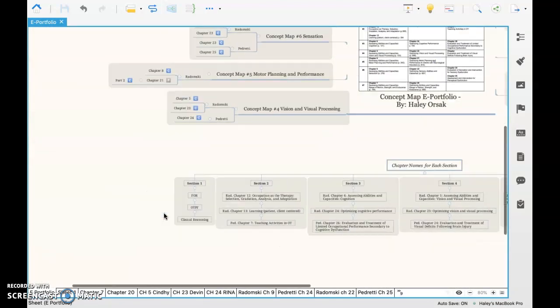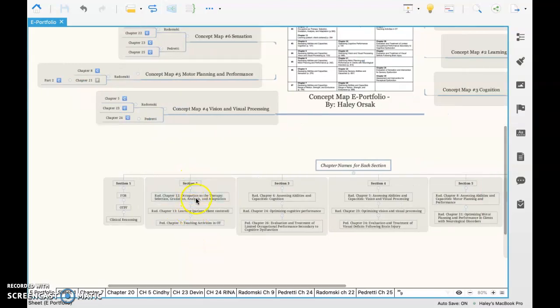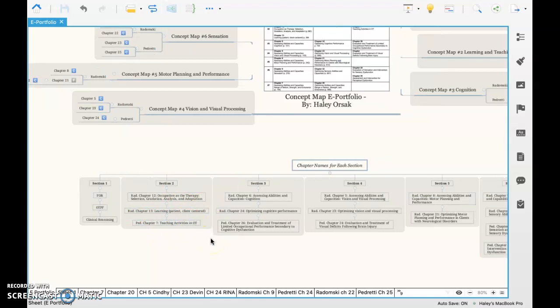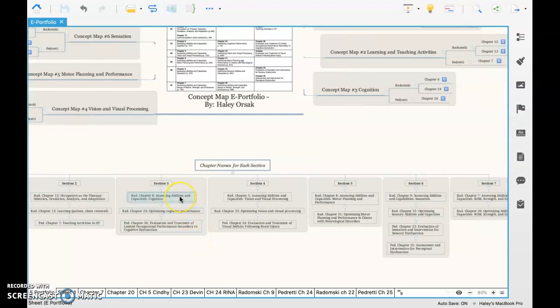And so down here, again, I have it listed by section and then each different chapter in that section from Radomski or Pedretti. As an example, for section 2, I have Radomski chapter 12 and the name of it, Radomski chapter 13, and Pedretti chapter 7 with those 2 names as well. And then they were each pretty much set up in the same way.